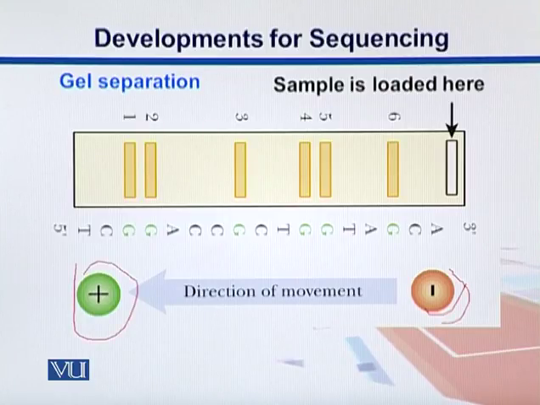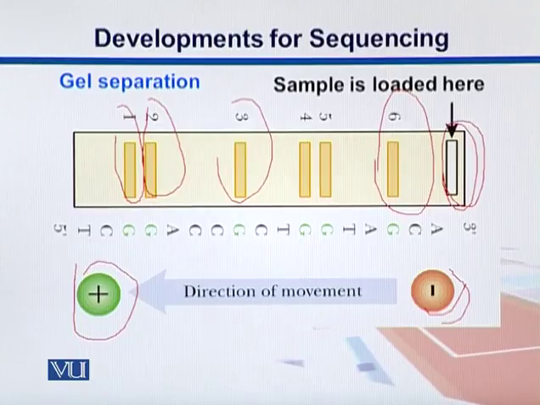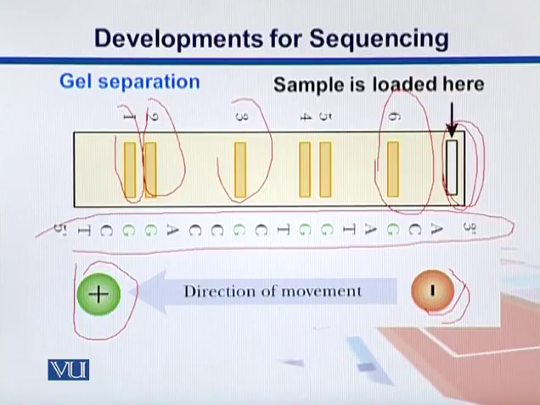While running on the gel, different fragments are separated based upon their running speed, which depends upon their sizes. The smallest particles run faster, then the bigger ones, and the biggest ones are at the end. Samples are loaded here in the wells, and by looking at the comparative sizes and positions, we can determine the sequence of the nucleotides.